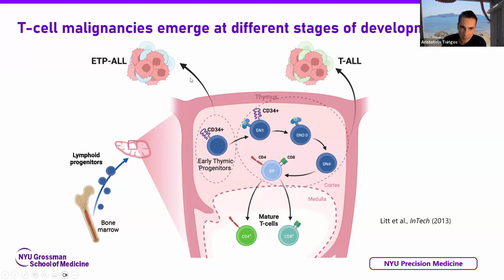And this can happen, particularly in T-ALL, either early with early thymic progenitors, so this is called early T-cell progenitor ALL or ETP-ALL, or leukemia can arise a bit later during differentiation, and then it's more like a canonical T-ALL.